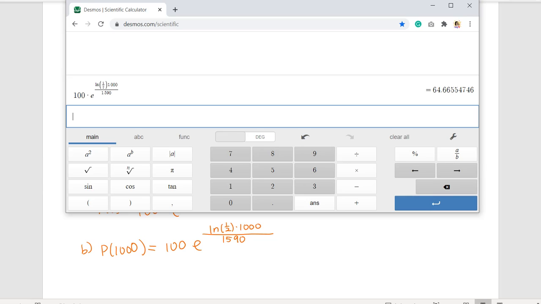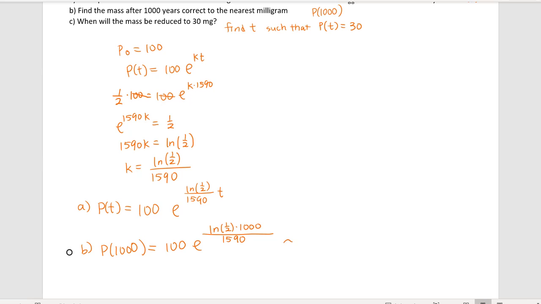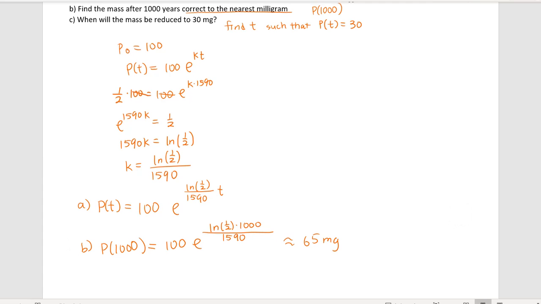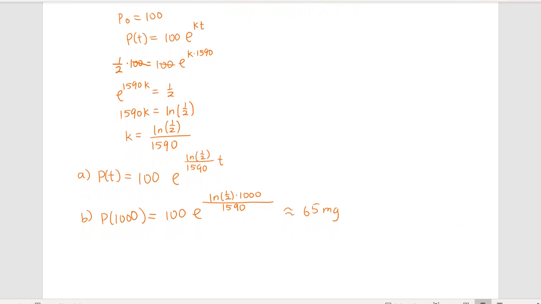Okay, so the answer is 64.7. Oh, find the answer correct to the nearest milligram. Okay, so 65 milligrams.